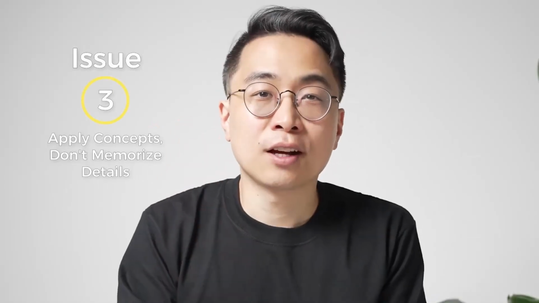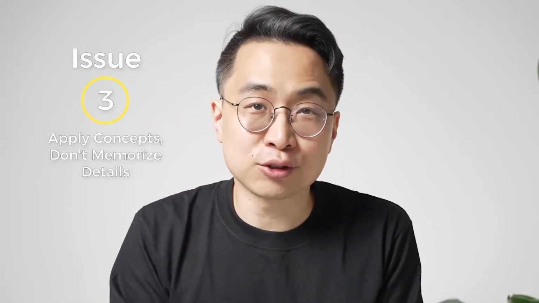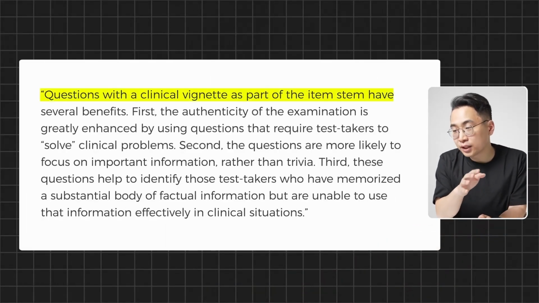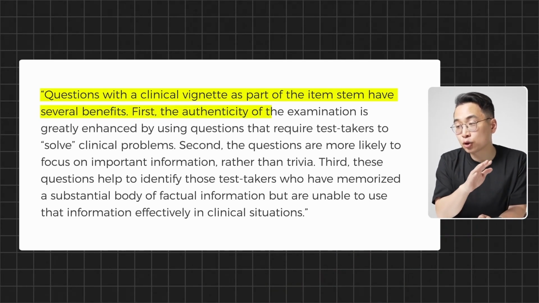Important point number 3. Clinical vignettes weed out memorizers. So we said the NBME focuses on applying concepts, but how do they do that? The NBME uses clinical vignettes as a way to weed out memorizers and force you to apply important clinical concepts. Here's a direct quote from the NBME on why they like using clinical vignettes. Questions with a clinical vignette as part of the item stem have several benefits.